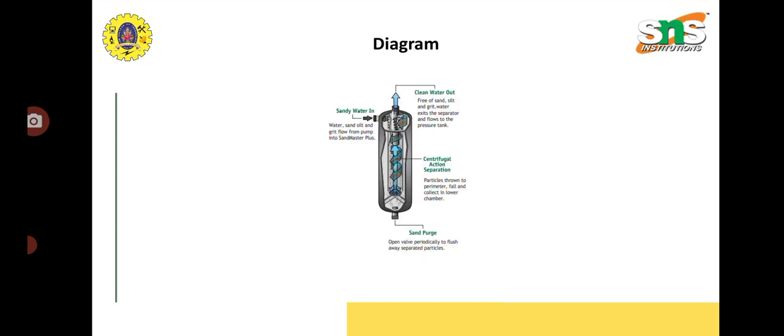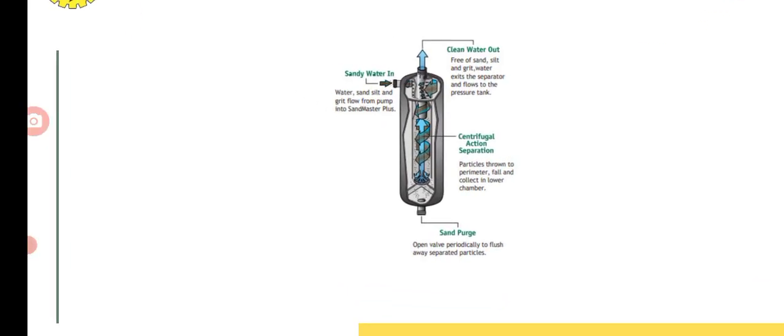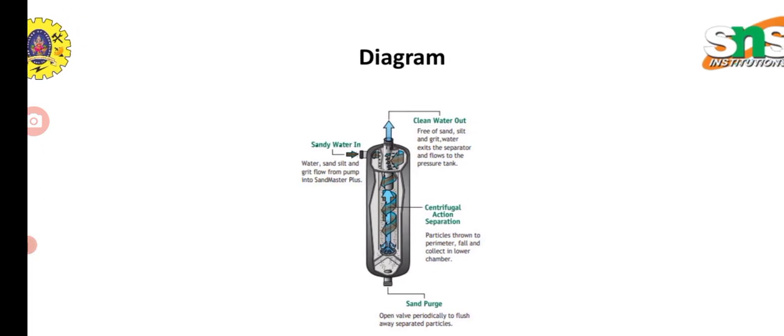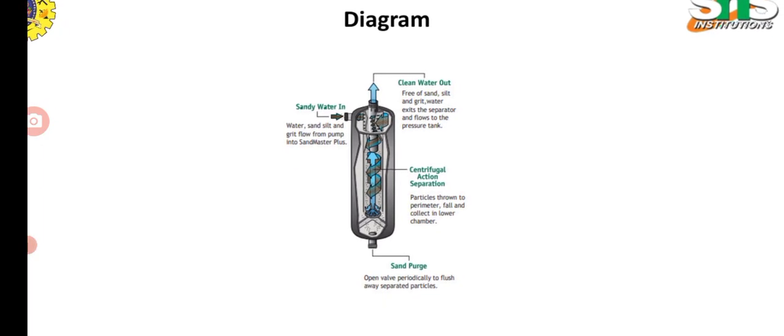This is one of the diagrams. We can see the simple diagram. In that we can see sandy water gets into the centrifugal separator. By means of the centrifugal action you can see the sands are separated to the outward portion and the clean water goes in the upward direction.